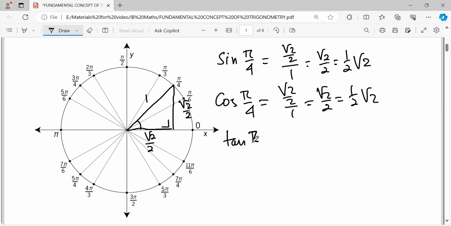Tangent pi over 4 equals this number over this number equals 1. Cotangent pi over 4 as well, 1.